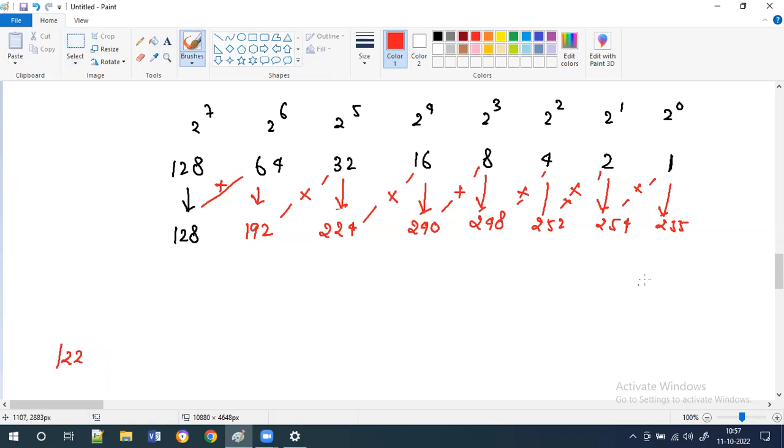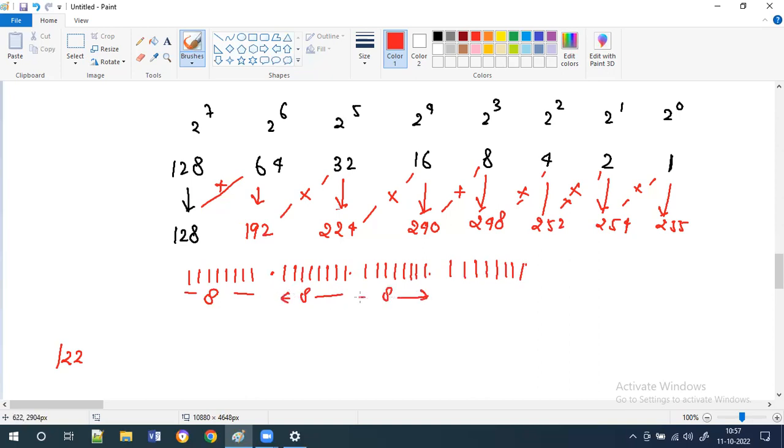Right. So if you remember, like total we have, so this is clear.